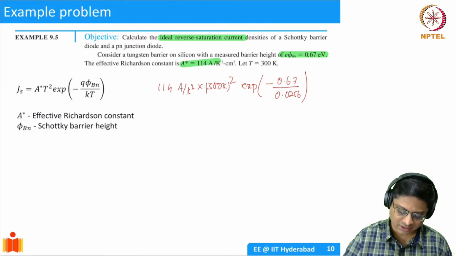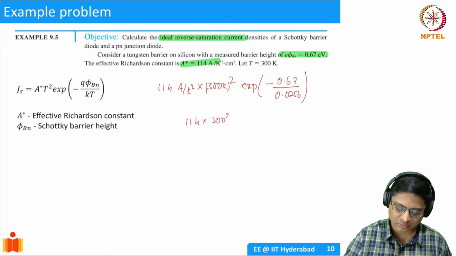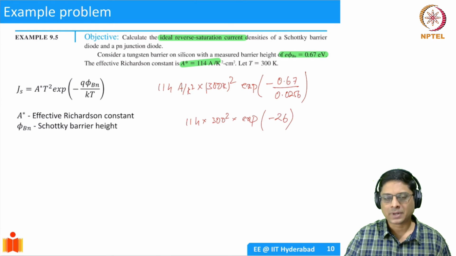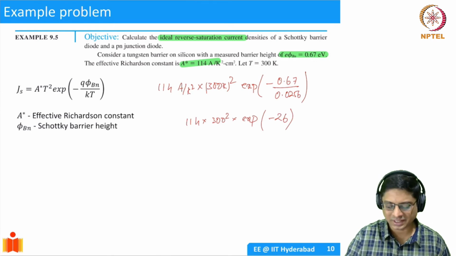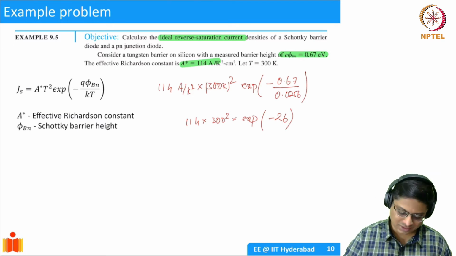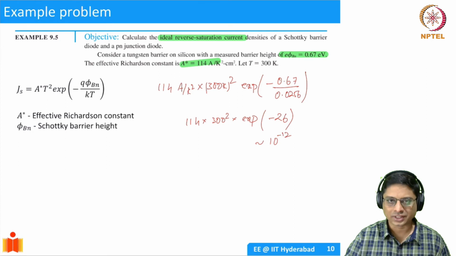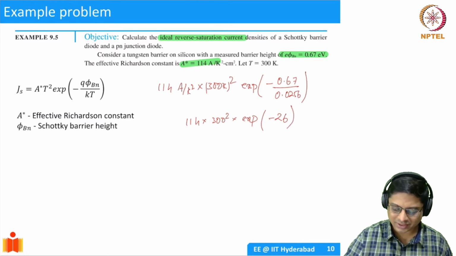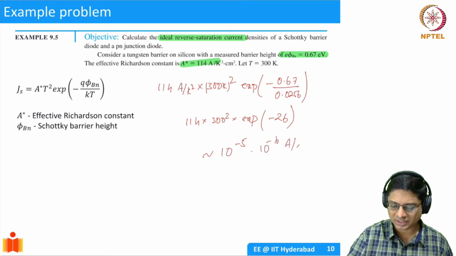So this is going to be 114 into 300 square into exponential, let's say minus 26, minus 26, 27, something like that. So if you do that, what happens? This is going to be some number which is in 10 power minus 12, I think. Please verify. So the overall current, if you calculate this number for a Schottky barrier, it turns out to be something like 10 power minus 5 to 10 power minus 6 amps per centimeter square.